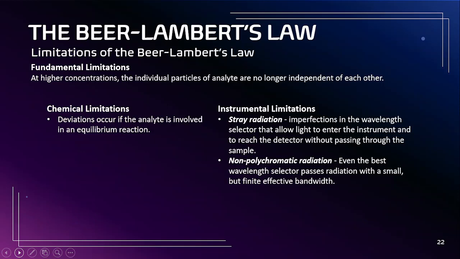Beer-Lambert's law actually states that monochromatic light should exist as a single wavelength. However, since this is not a perfect world, certain radiation could ultimately affect the reading of our sample. But this could be further prevented by improving laboratory practices.